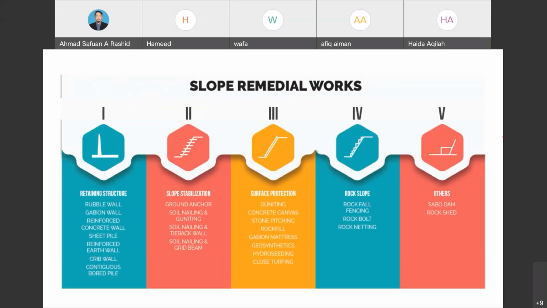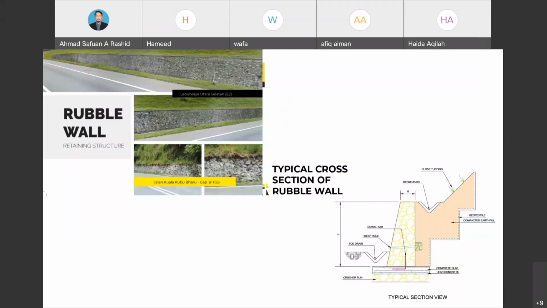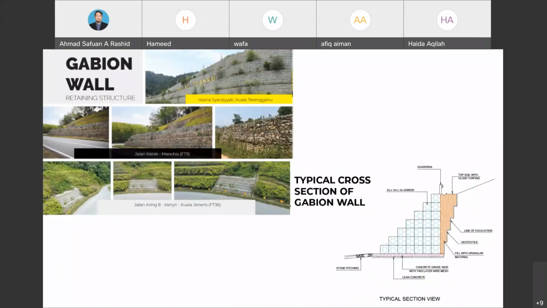So we have here rubble wall, gabion wall. I already shared the typical cross section. If you want more information, you can search in detail, so at least you know what the diagram is.